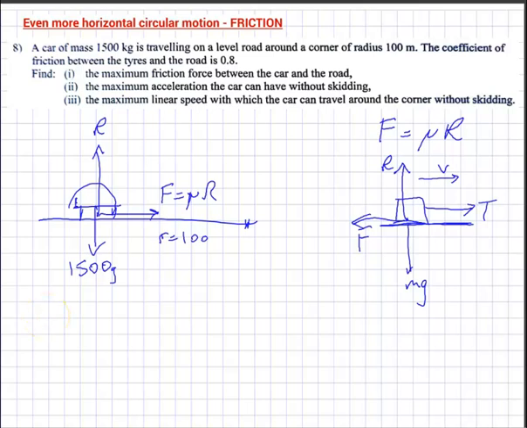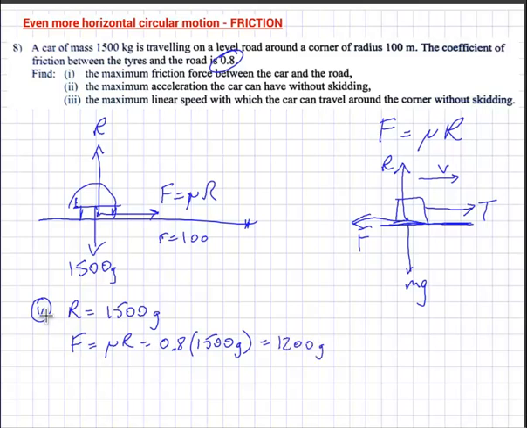So resolving forces vertically, we appreciate that the forces up equal the forces down. So the normal reaction is going to be 1,500 g. Therefore, we can use that to deal with the friction, which is mu multiplied by R. If mu is 0.8, given to us in the question, and we're multiplying that by 1,500 g, we can work that out as being 1,200 g in newtons.